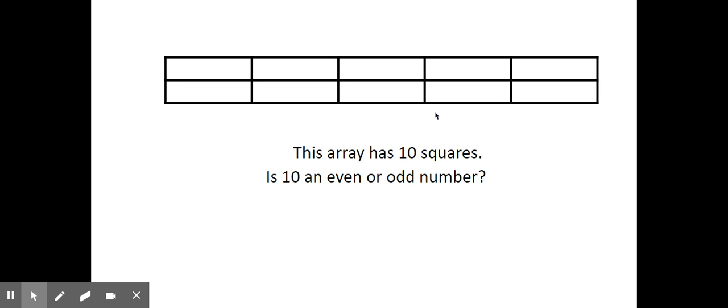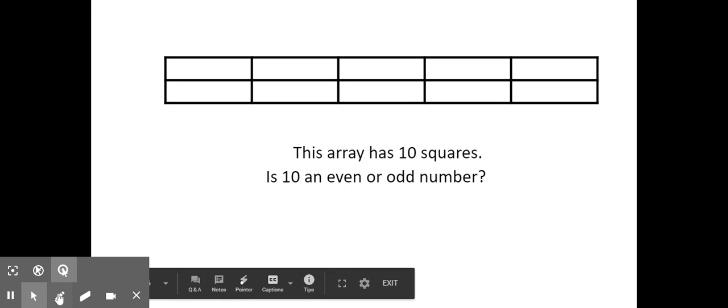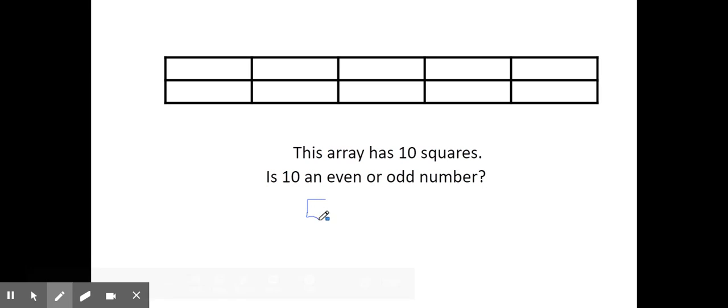Is 10 an even or odd number? Do you remember what makes a number even? A number is even if it can be divided into 2 equal groups. Can 10 be divided into 2 equal groups? Yes, we know our doubles facts. We know that 10 can be divided into 5 and 5.